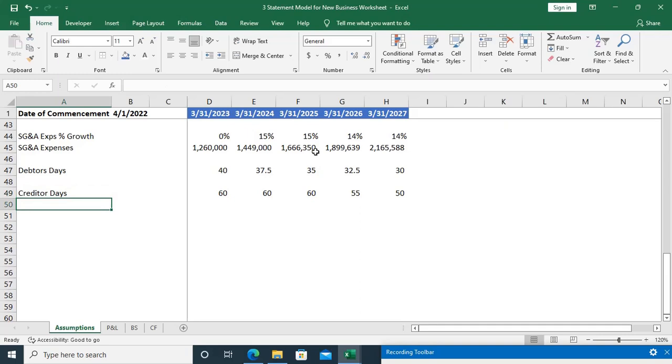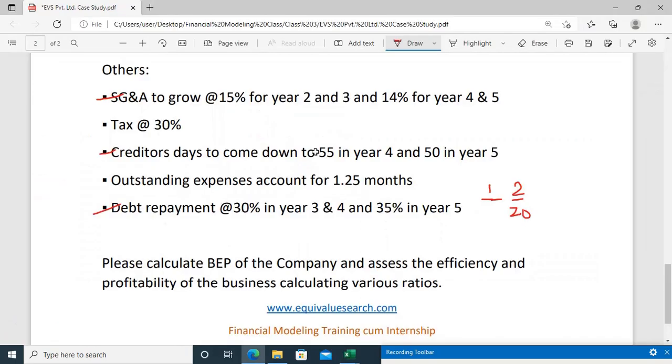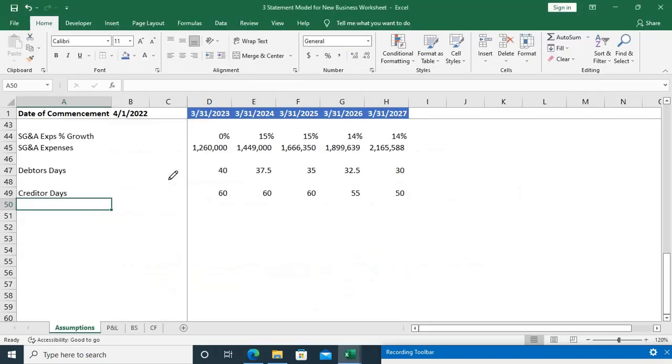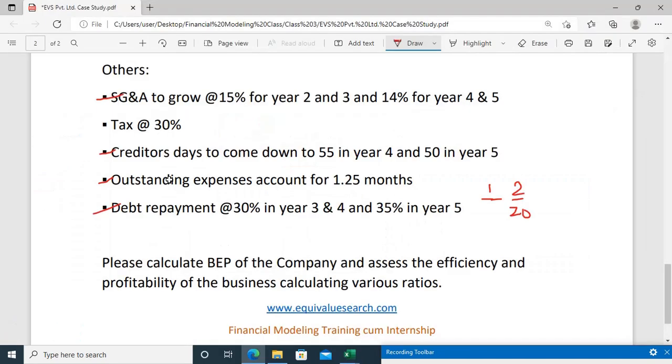Now some other credit items, we just saw once. Outstanding expenses account for 1.25 months. Outstanding expenses are in months. This can be some small expenses also.